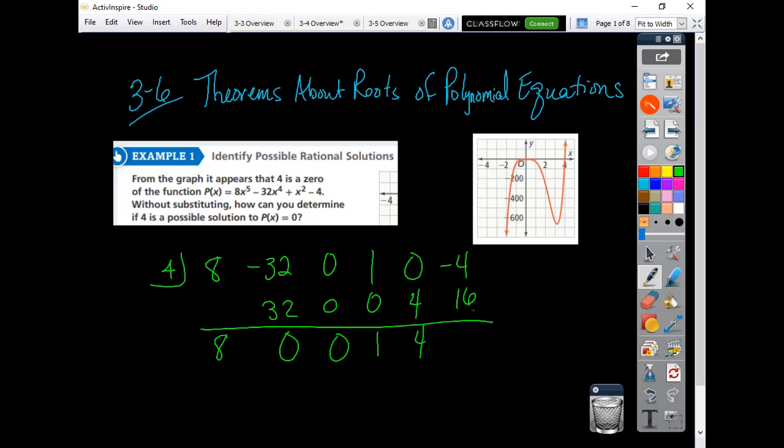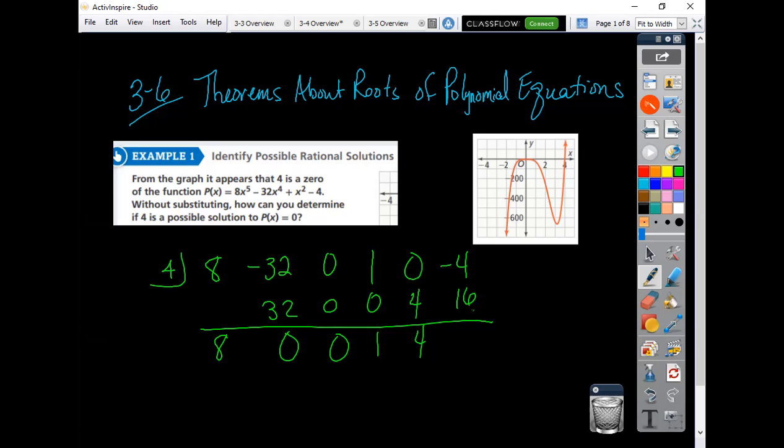Let's double check that quick. So we've got 8, negative 32, 0x cubed, so 1x squared is 0, x and the negative 4. Bring the 8 down, 4 times 8, 32, add straight down, 0, 4 times 0 is 0, add straight down, that's a 1. 4 times 1 is 4, add straight down is 4.